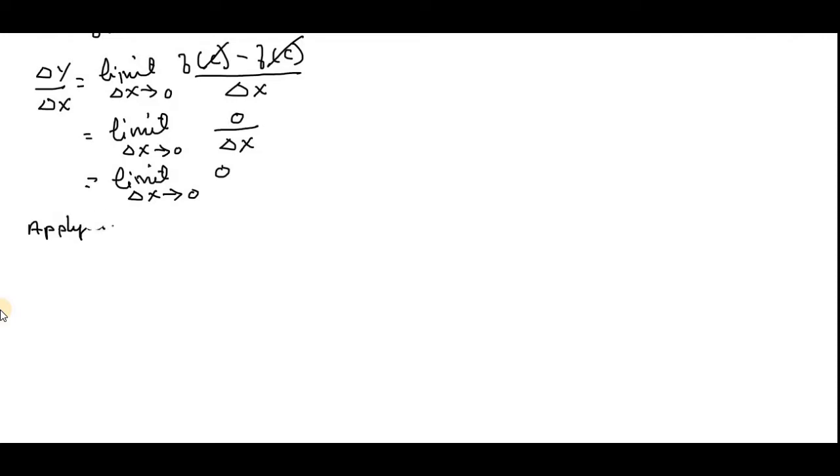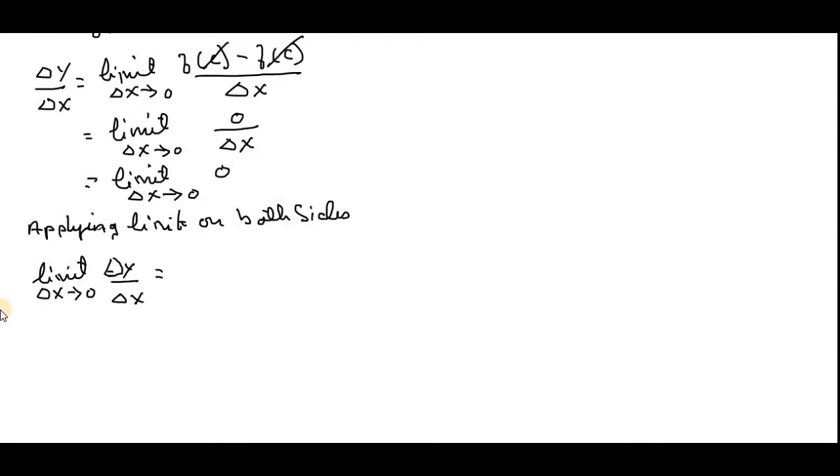Now applying limit on both sides, limit delta x approaches 0, delta y by delta x is equal to, now since 0 is a constant and we know that the limit of a constant function remains the same, so it will be 0.